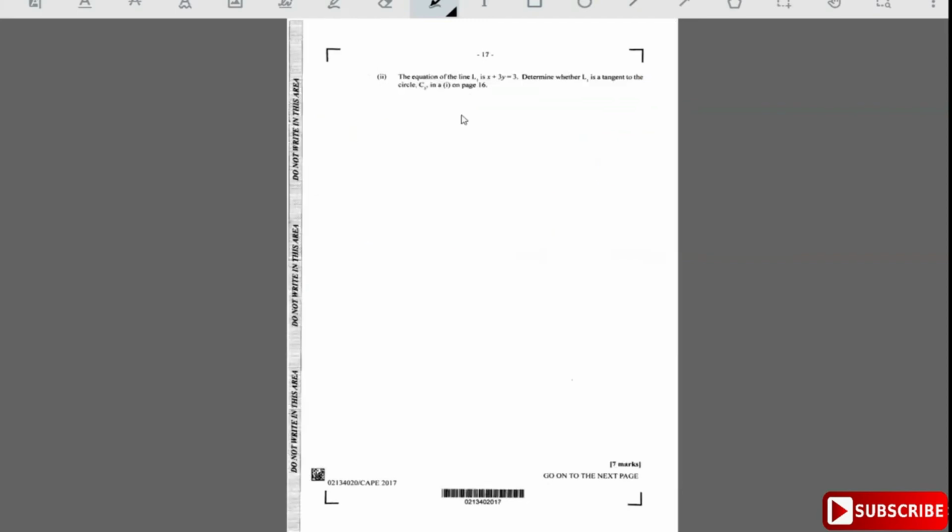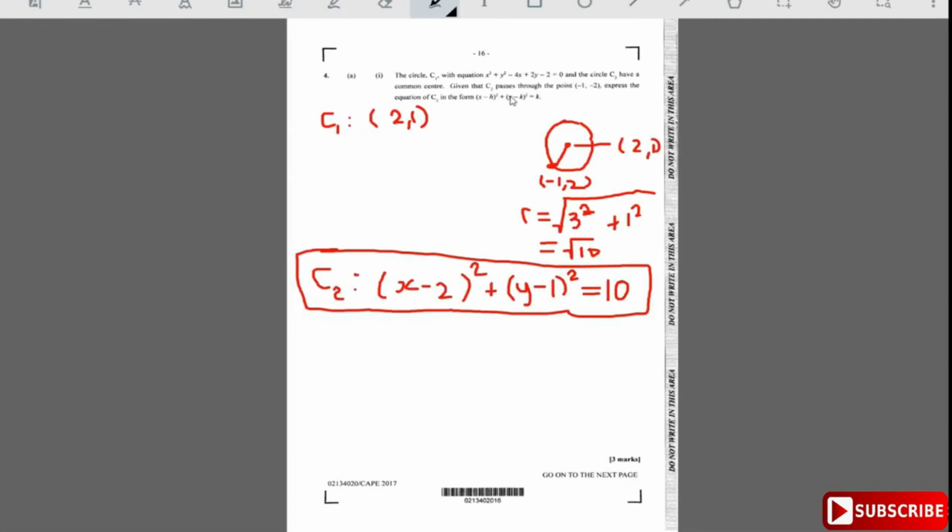So now it says the equation L1 is x plus 3y equal 3. Determine whether L1 is a tangent to the circle C1. So to determine if L1 is a tangent to C1, I'm going to sketch C1 for us. So C1 is a circle that has center 2, 1.